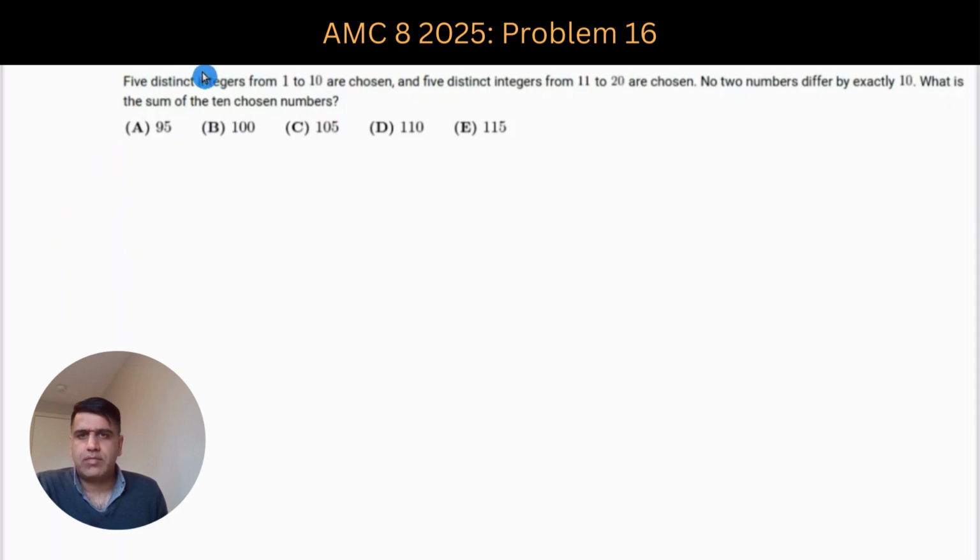Now let's look at problem 16, where 5 distinct integers from 1 to 10 are chosen and 5 distinct integers from 11 to 20 are chosen. No two numbers differ by exactly 10. What is the sum of the 10 chosen numbers? So basically what we can do is list these numbers.